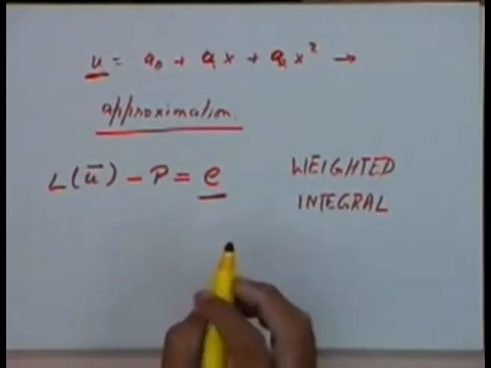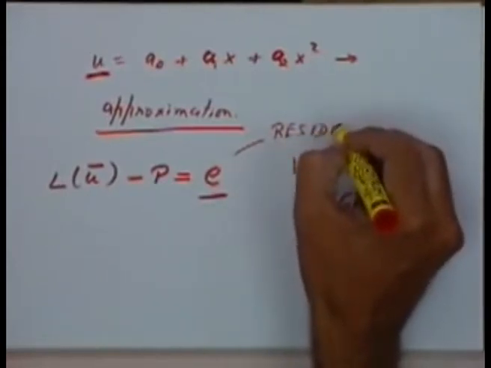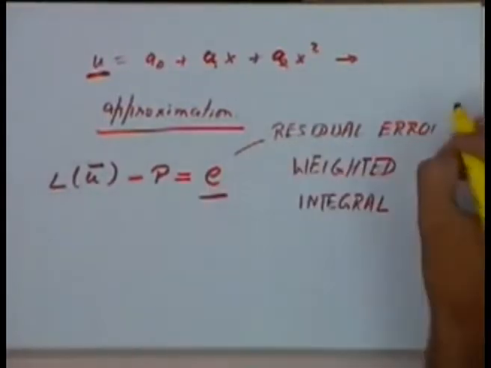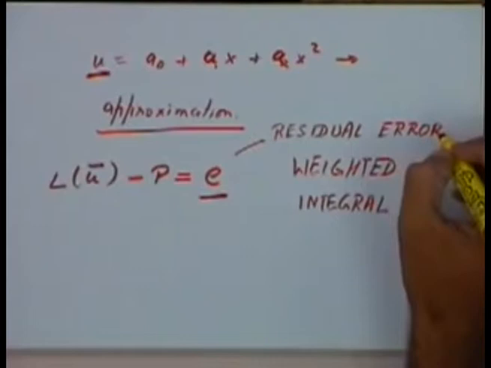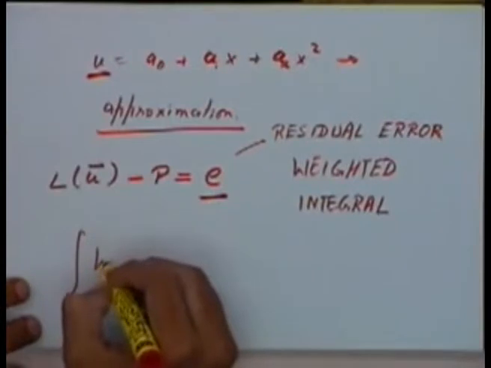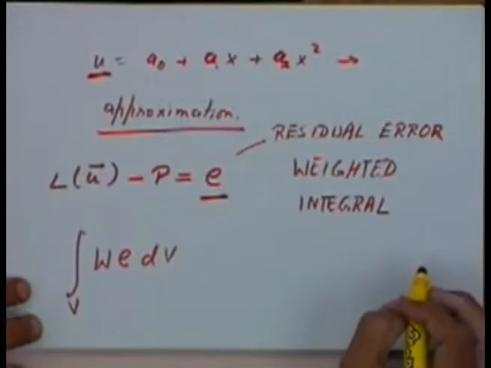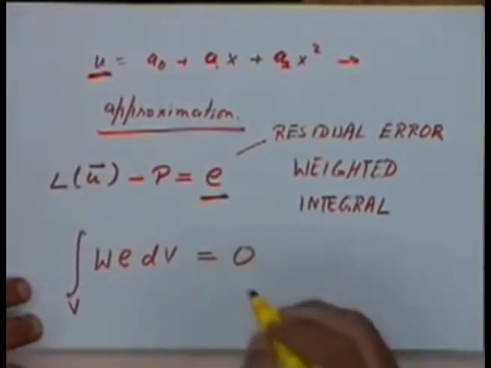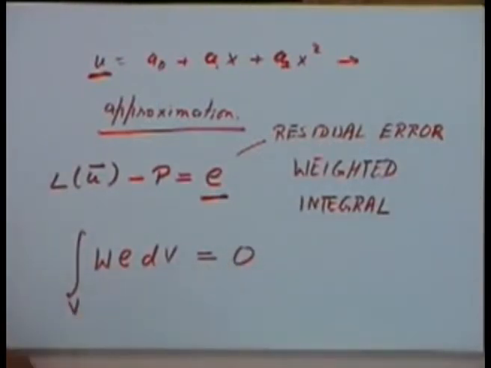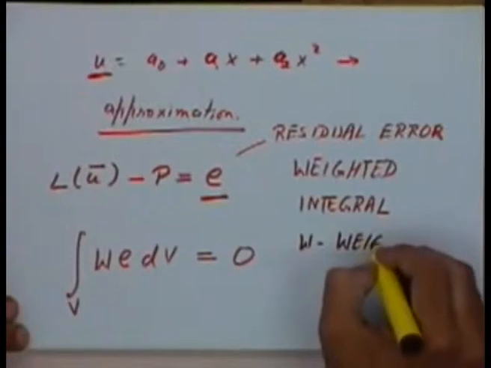This error term E is referred to as the residual error, and the weighted integral would be, let us say we take some weight W times E dV and integrate it over the volume, and we will try to put this equal to 0. Here W is a weighting function or a weight function.